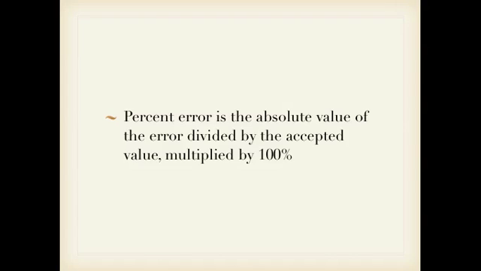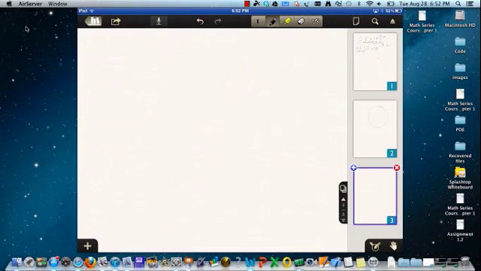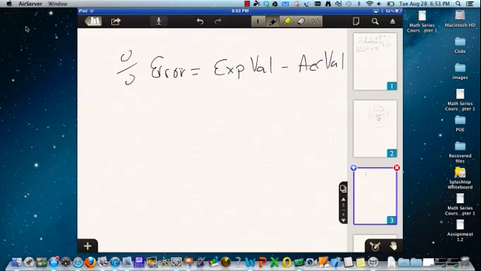So what's better is when we talk about percent error. Percent error is the absolute value of the error divided by the accepted value. Remember we said the error was equal to the experimental value minus the accepted value. If we want to find the percent error, it's the experimental value minus the accepted value, and we take the absolute value of that. In other words, we don't want any negative percents.